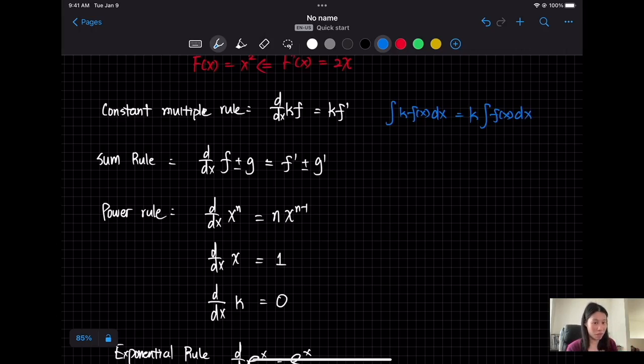So remember, for the derivative it's from the left to the right, and for the antiderivative, from the right to the left. Okay, the sum and difference rule is the same. If I want to take the antiderivative of f(x) plus or minus g(x) dx, this is going to equal the antiderivatives done separately.